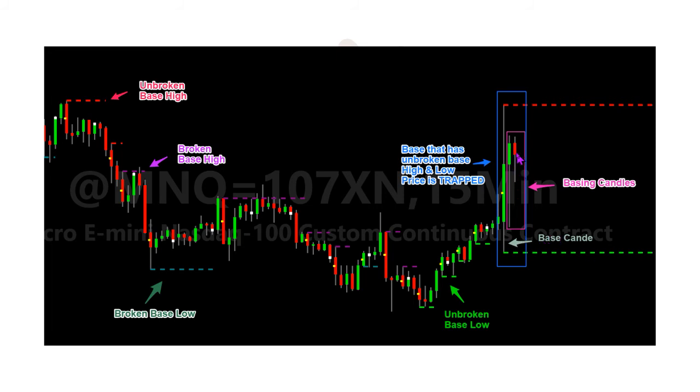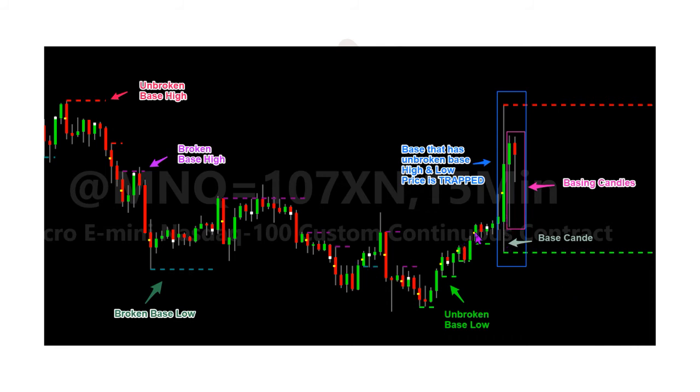And then you have the basing candles that are inside the high and low of the base candle. So this is an example of an unbroken base. Price is actively trapped right now because it has not broken higher or lower than the base candle.